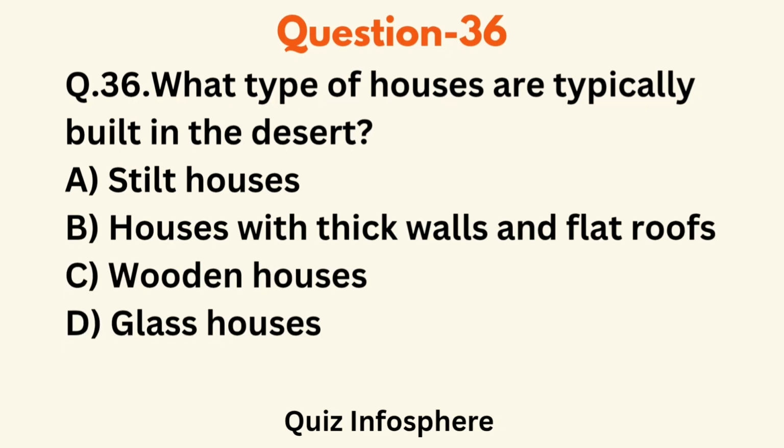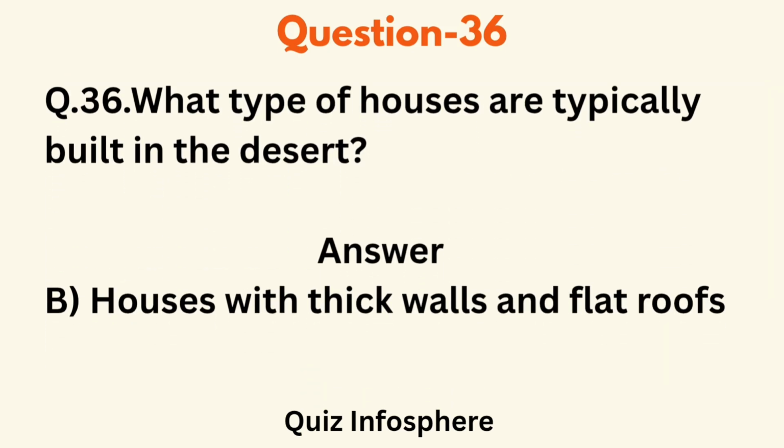What type of houses are typically built in the desert? Stilt house, houses with thick walls and flat roofs, wooden houses, glass houses. The correct answer is option B, houses with thick walls and flat roofs.